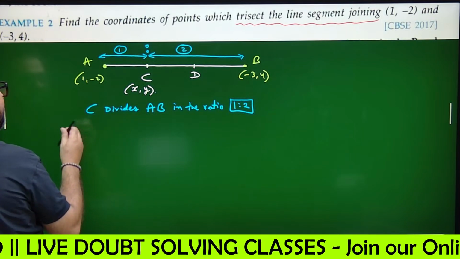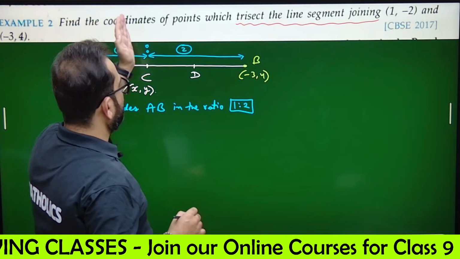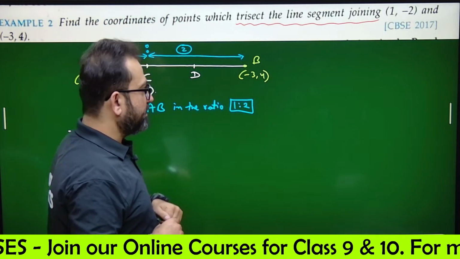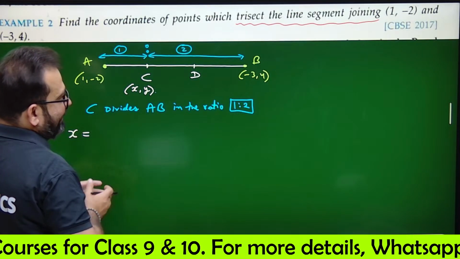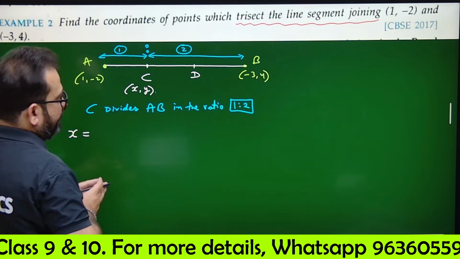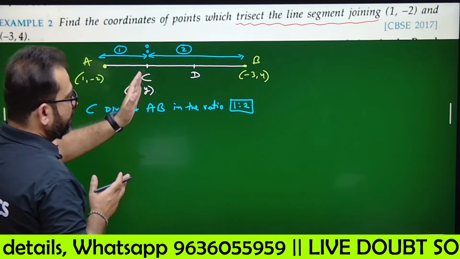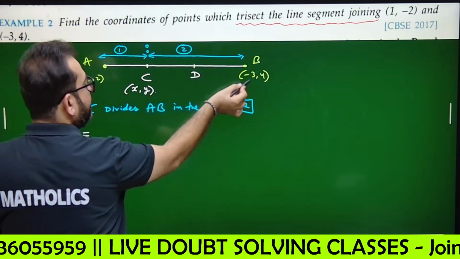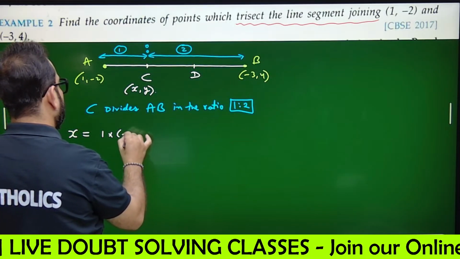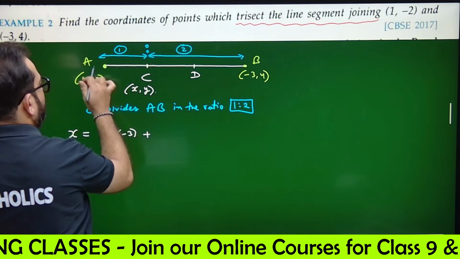For C, I can write x is equal to 1 into the x coordinate, that is -3. If I have to find the coordinates of C, I'll write x equals to this 1 ratio 2. So 1 will be multiplied by -3, 1 into -3 plus 2 into 1.